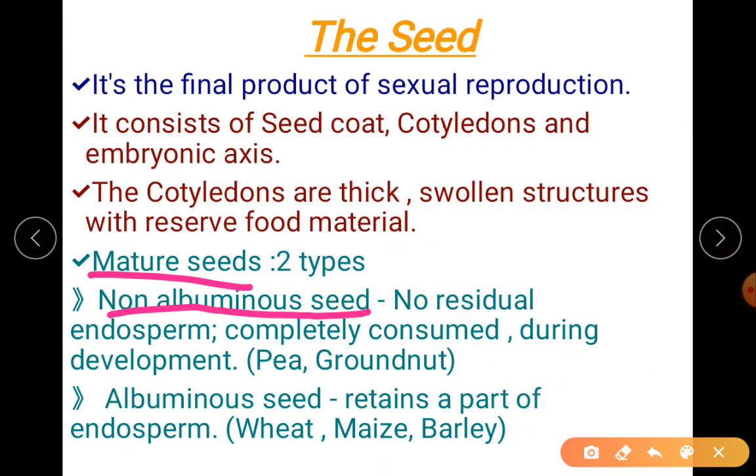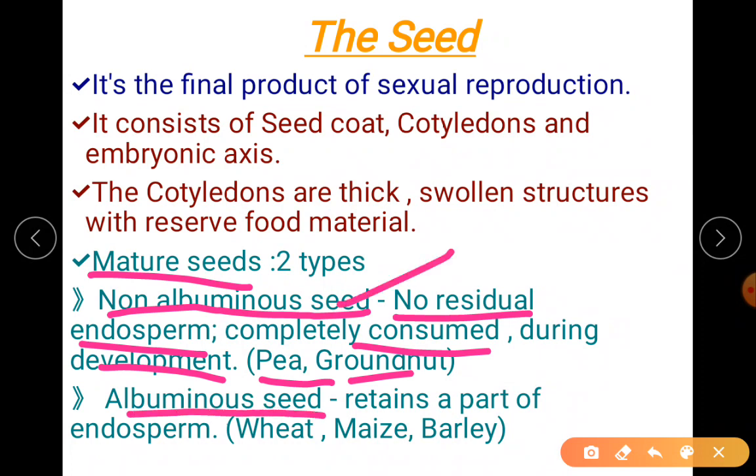Non-albuminous seeds, that is, there is no residual endosperm. Endosperm is completely used or consumed during the development. So pea, groundnut come under this category. Okay, and albuminous seed.